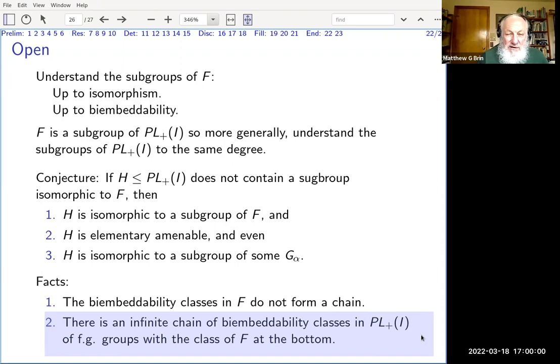And since I'm interested in F and how weird it can be, the fact that these things are A, weird, and B, all subgroups of F pleases me. And as far as going outside of F, I don't know. PL plus I is something that I'm interested in as well. And manifolds of higher dimension, I'm pretty ignorant about.